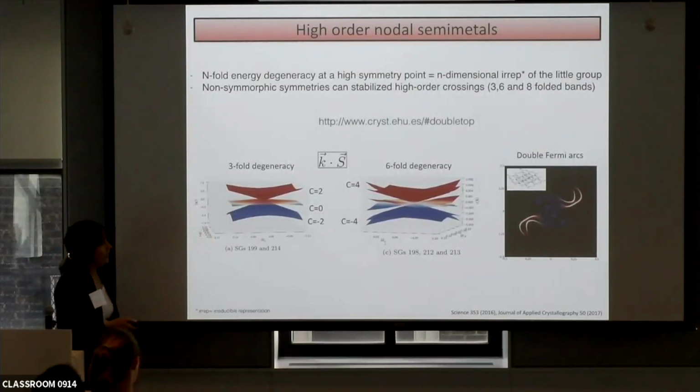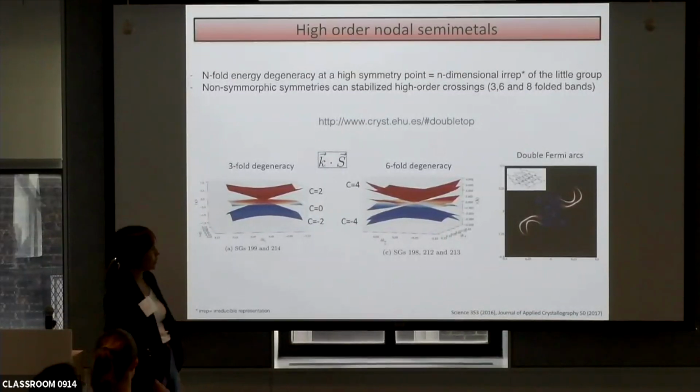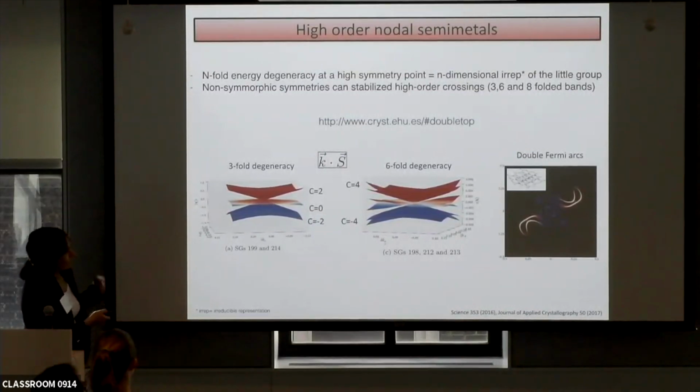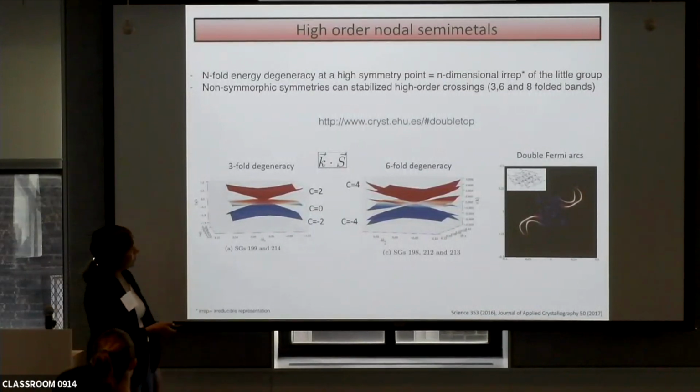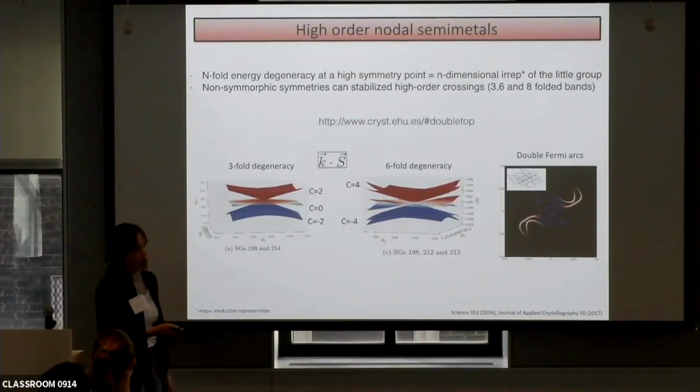So in this work with Jen, Berry, Andre, and Sijon, we predicted that we could find these high-order nodal crossings also in chiral space groups, such as 199 and 240, where a threefold degeneracy was found at the high symmetry point.